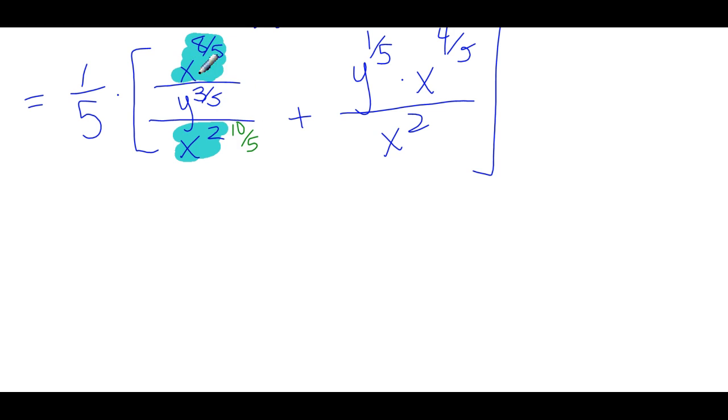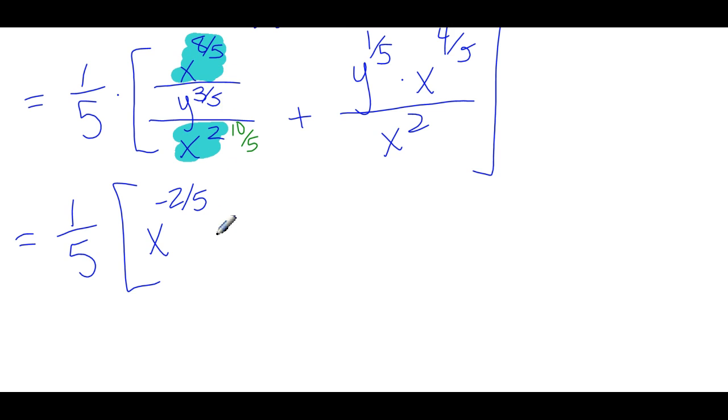And so when I subtract here, I'll end up with x to the 8/5 minus 10/5, which would be negative 2/5. So x to the negative 2/5. And let me write it this way. This is the way your math lab is expecting it to be written. This is 8 minus 10 is negative 2/5.